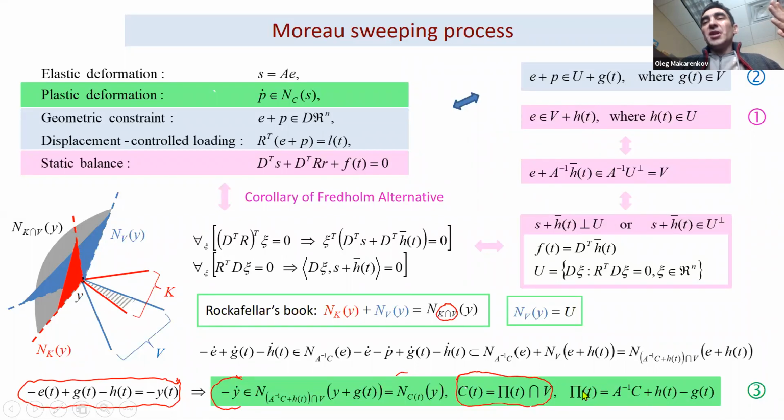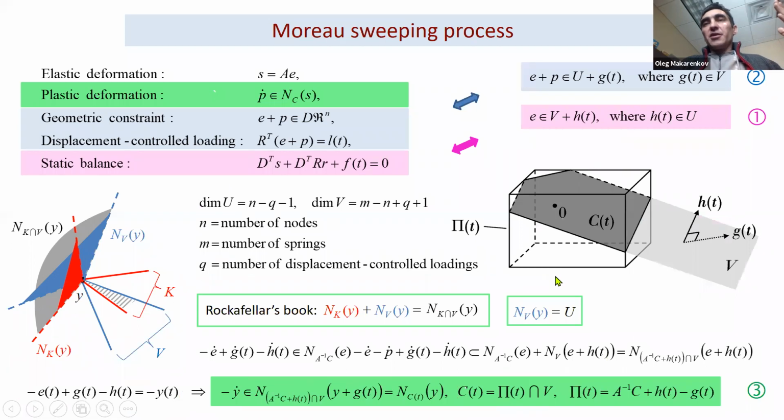Capital Pi of t, by the way, based on this formula, you remember that this C is a parallelepiped. So we have a shifted parallelepiped. In other words, Pi of t is a moving parallelepiped. And what is happening here is the intersection of the moving parallelepiped with a plane. This is the constraint of our sweeping process.